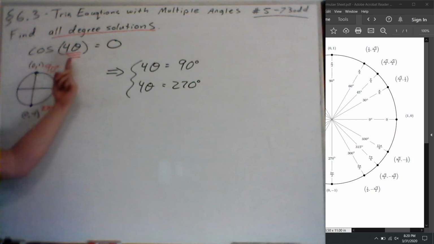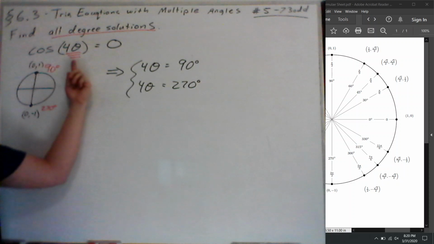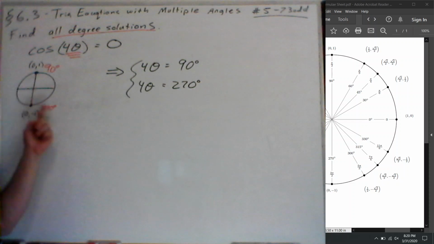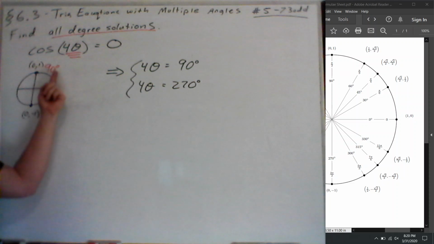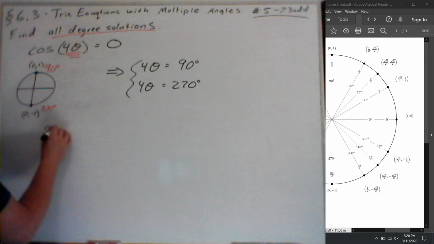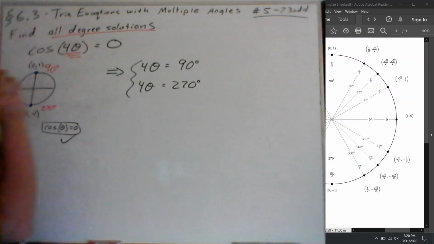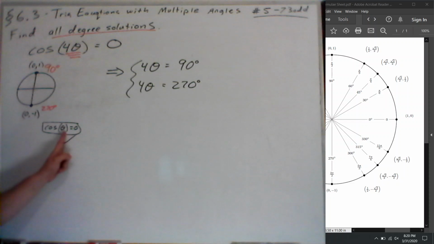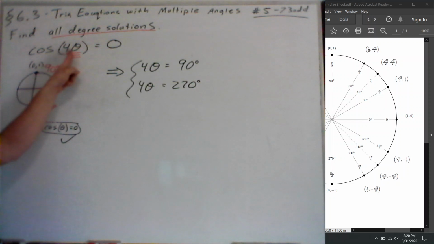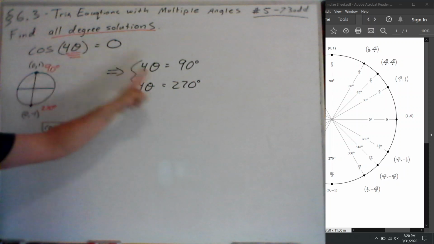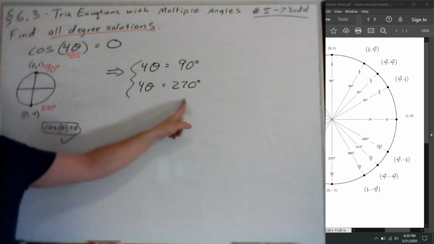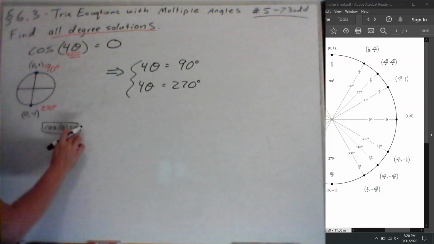Now again, because this oscillates 4 times as fast, I'm going to pick up a lot more solutions than just these two. These two would be good if I was staring at cosine of theta equals 0, right? My job would be finished. But that's not just theta, that's 4 times theta. So I pick up a lot more solutions. Let's go find all those solutions.